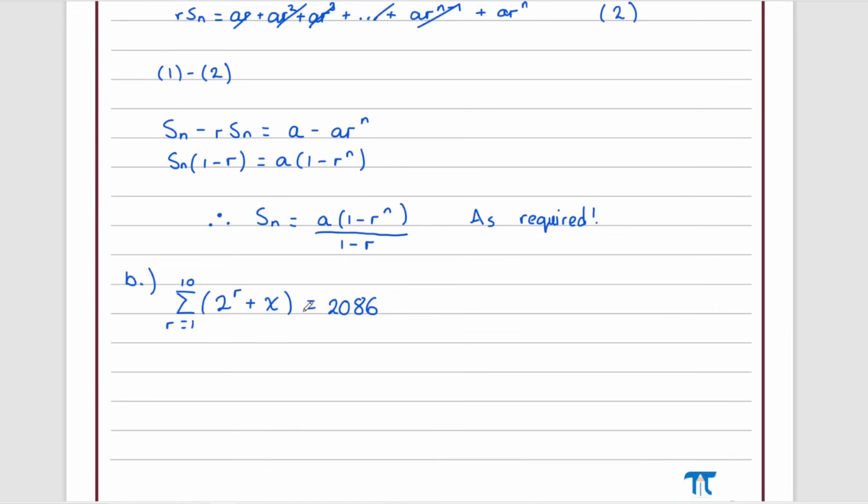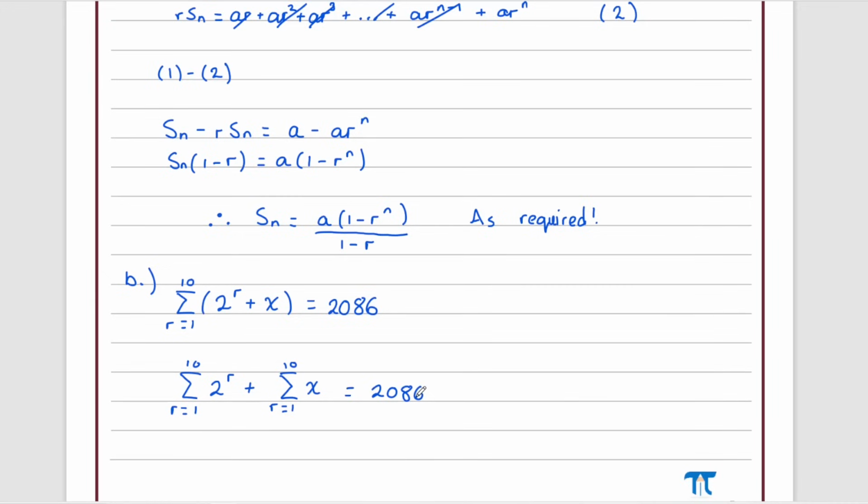So what I can do is split this up as two individual summations: the summation from r equals 1 to 10 of 2 to the power of r, plus the summation of x, again from r equals 1 to 10. It's absolutely fine to split the summation up like this, and the result will still be the exact same.